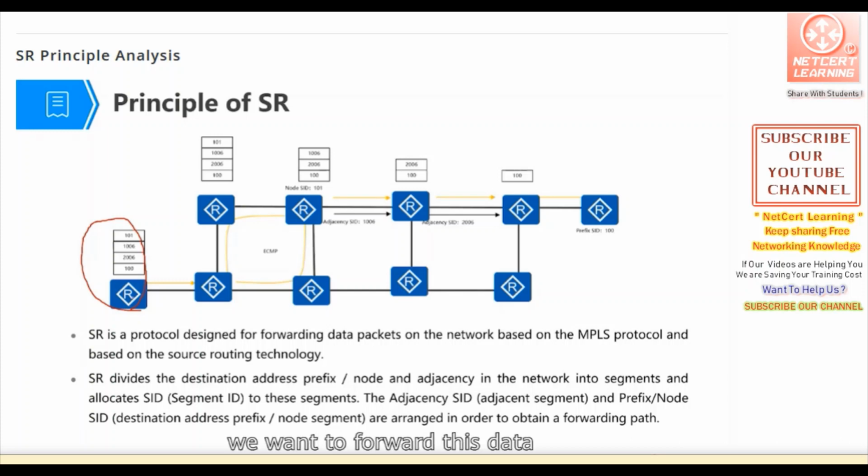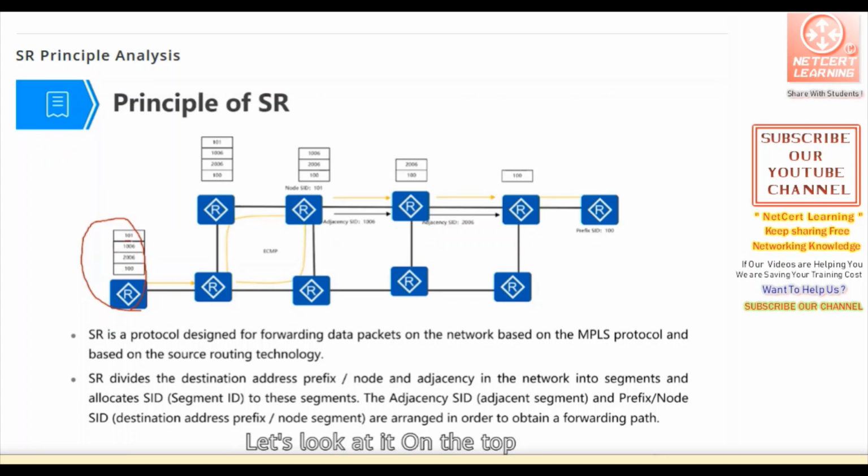Okay, so first on this router, we want to forward this data. And this data has a segment list. In this segment list, maybe it's a node segment ID, maybe it is an adjacency segment ID. Let's look at it.